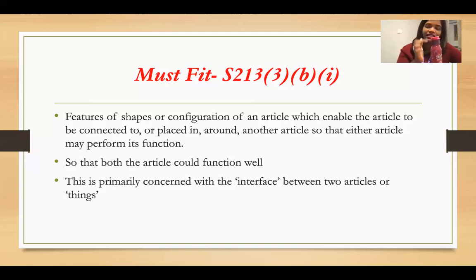There is an interference, or in other words, it must touch together. This part and this part must touch together, and if they touch together, it will fall within the exclusion of must fit. So again, remember spare parts.